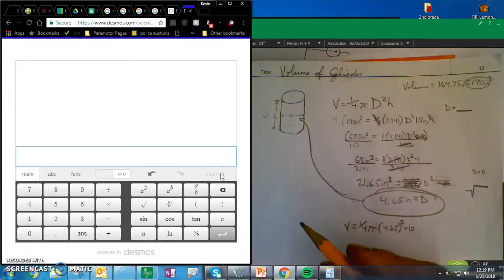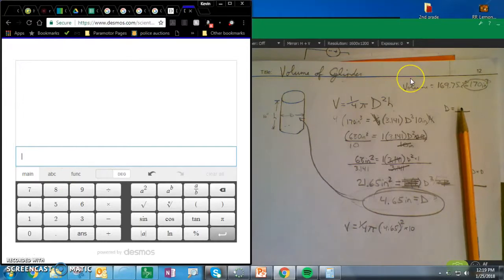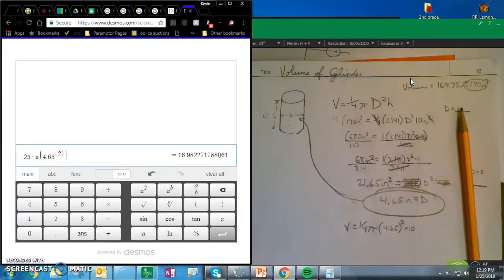I go to my calculator up here. 0.25 times 3.141. Actually, I'll even just do pi. Okay, and now we're going to do 4.65 squared. And last but not least, we're going to multiply it by 10.